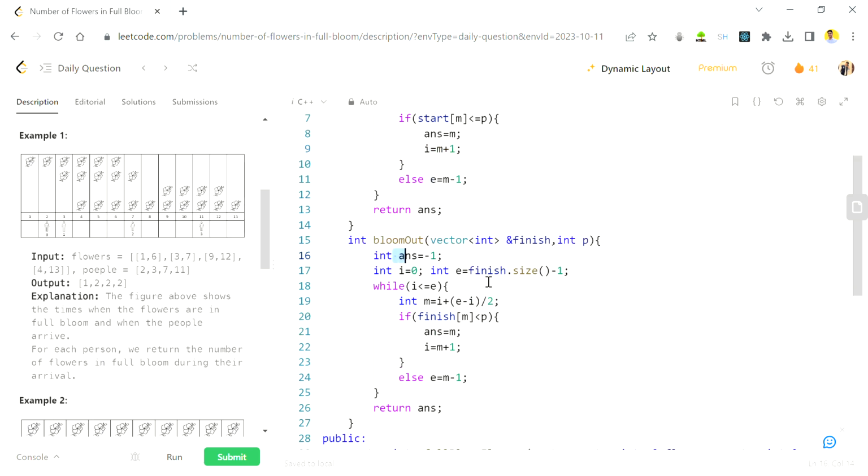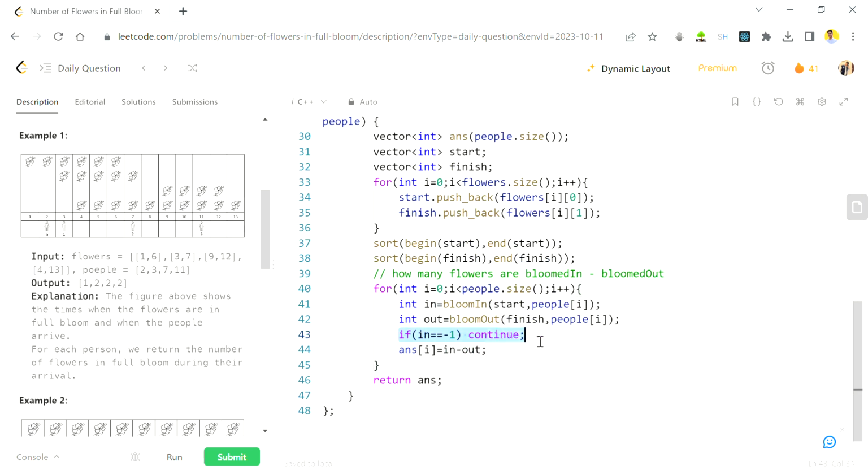For bloom out, I am going to see again how many flowers have bloomed out. So I'm going to go right whenever finish of m is less than or equal to p. Finish of m less than or equal to p here means that the flower has passed its finish limit. So that's why I'm going to the right side to see if there are any more flowers which have died.